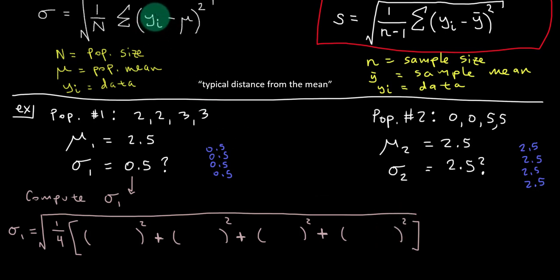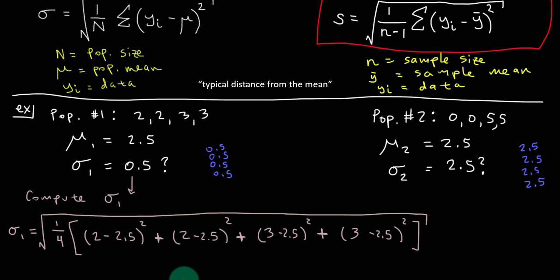So that's going to be the 2, the 2, the 3, the 3, and subtract every time the average 2.5. So I'm going to put the 2, the 2, the 3, the 3. We will subtract 2.5 each time. All right, let's make sure my square root is there. Cool.